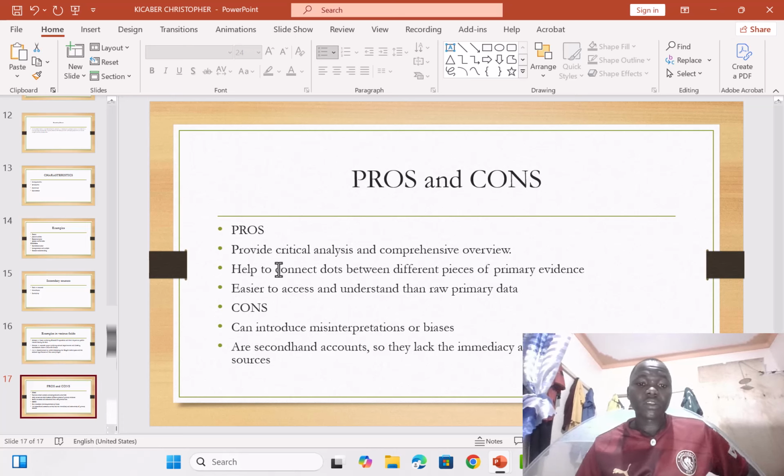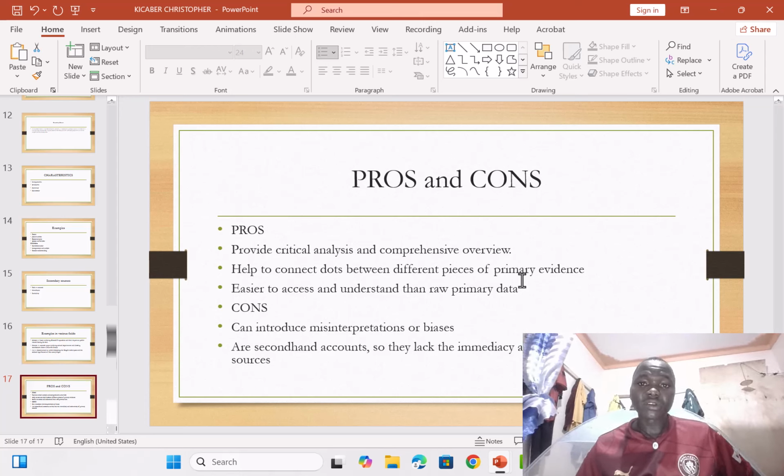They help you analyze things critically, have detailed facts of the information, and connect dots between different pieces of primary evidence. For instance, secondary sources connect different primary sources, help analyze and draw a final conclusion, and summarize all those primary sources.